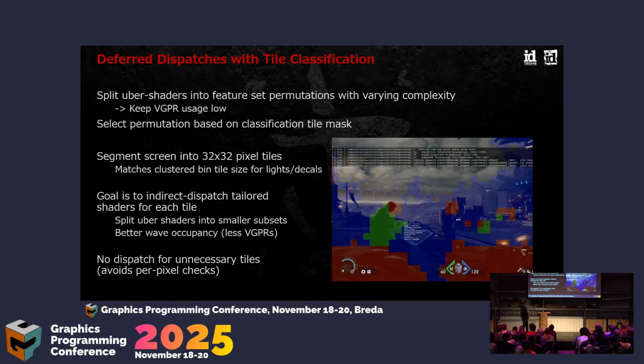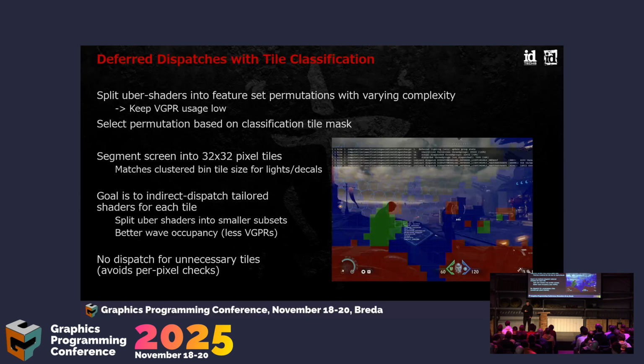Next, deferred lighting. The usual way to run things like deferred lighting and G-buffer updates is just to run a full screen dispatch with a single Uber shader. And that's what we did for quite a long time. Modern GPUs are pretty good with branching features away, but their performance is still heavily dependent on wave occupancy and vector register usage.